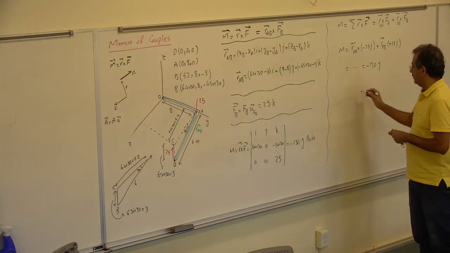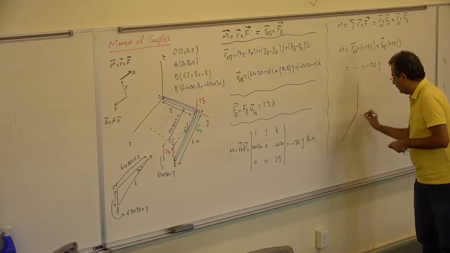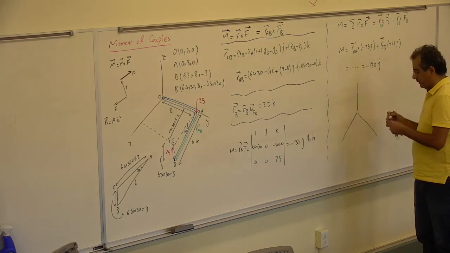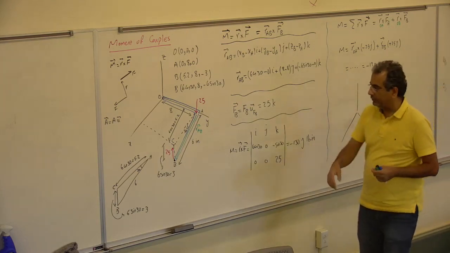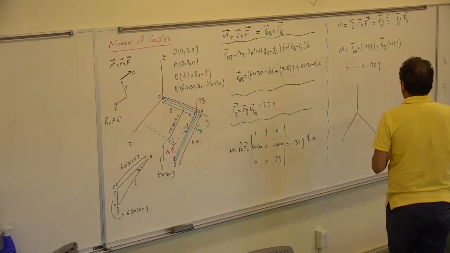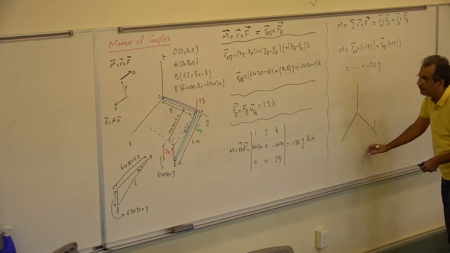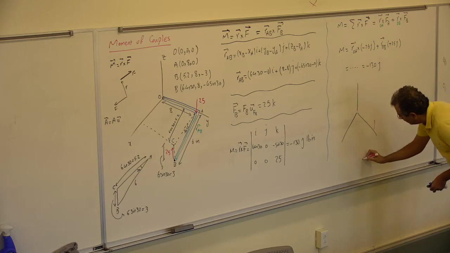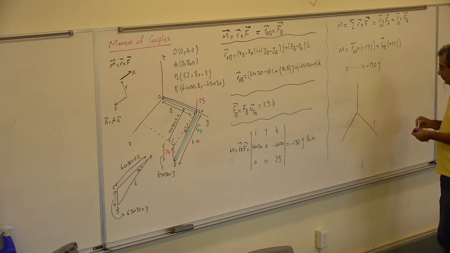So quickly, these are the three axes. I'm not going to draw the integral, I'll just draw the forces. One force is here, and another force is going down here.